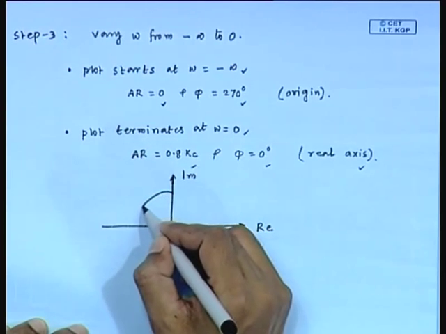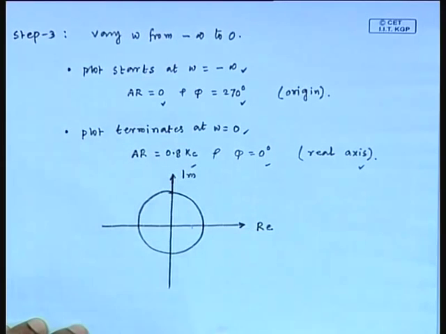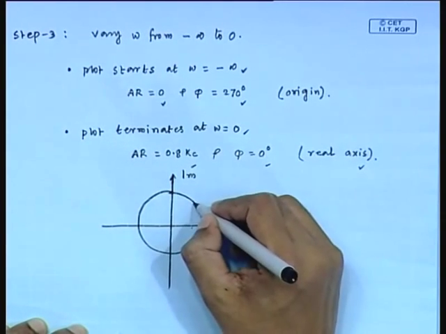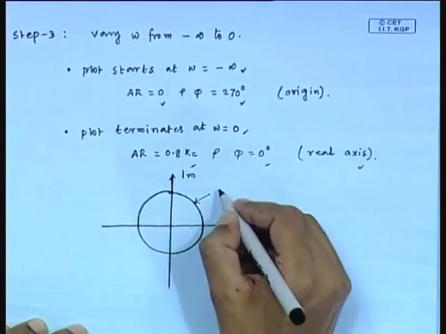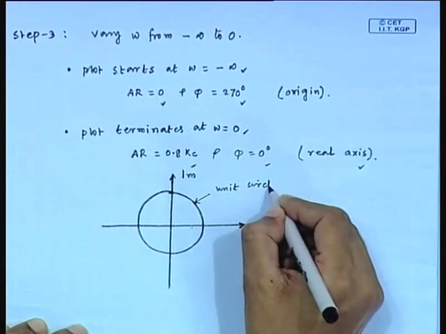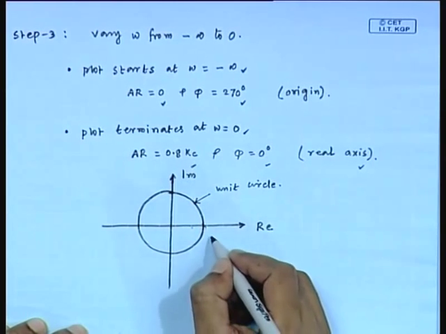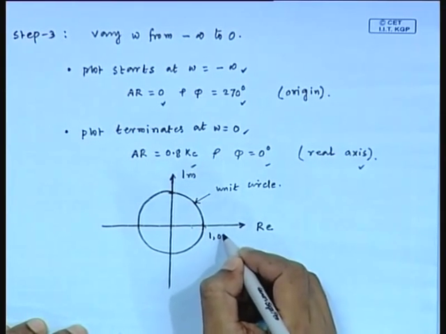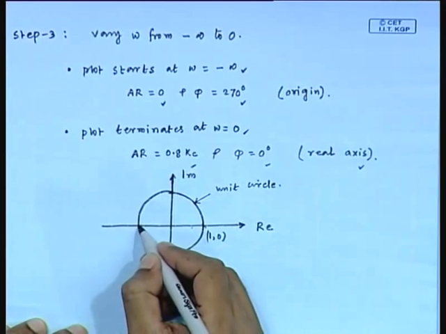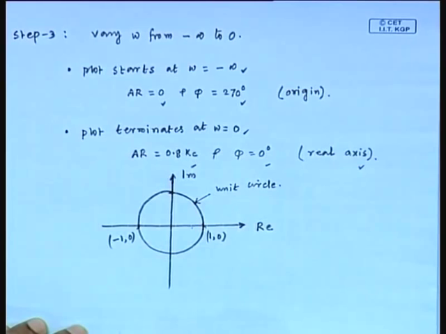Similarly, we need to draw the unit circle. So, this is 1, 0 and this point is minus 1, 0 and this is the origin.